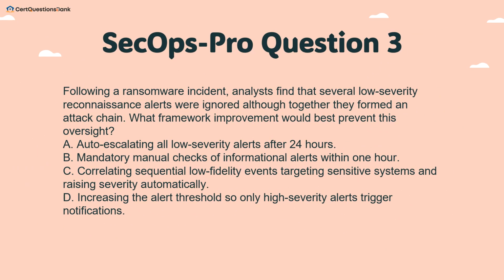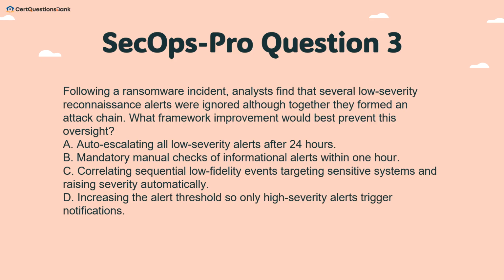Following a ransomware incident, analysts find that several low-severity reconnaissance alerts were ignored, although together they formed an attack chain. What framework improvement would best prevent this oversight? A. Auto-escalating all low-severity alerts after 24 hours.